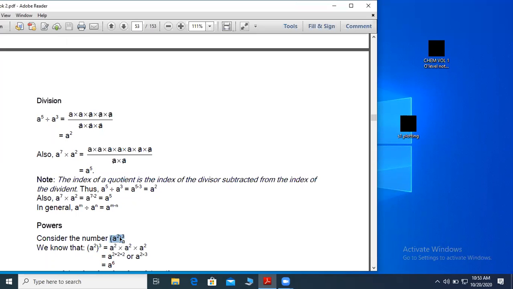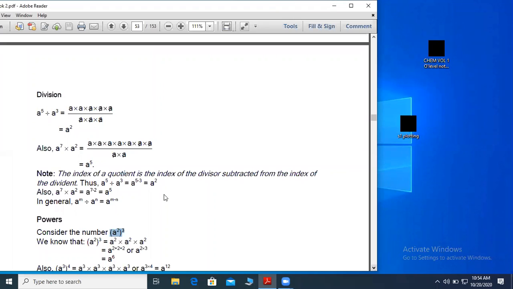So a power 2 to power 3, we can write it as a power 2 three times. So it can be a power 2 times a power 2 times a power 2, 3 times.